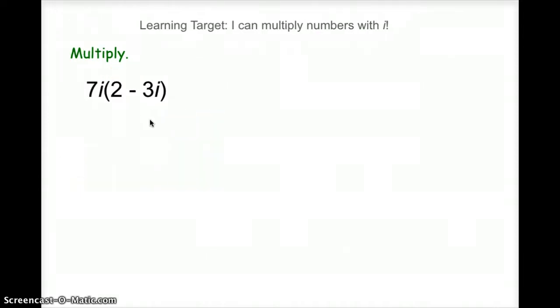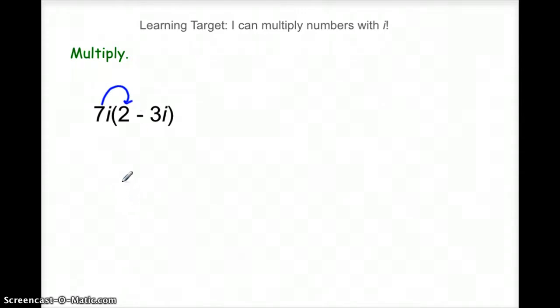Okay, let's try this next one. Ooh, this time we're kicking it up a notch. We're not distributing a real part, we're distributing an imaginary part. So what will we get when we distribute 7i to 2? Well, multiply 7 times 2 and you get 14i. Okay. Distribute 7i to that 3i. So we're going to have minus 7 times 3 is 21.